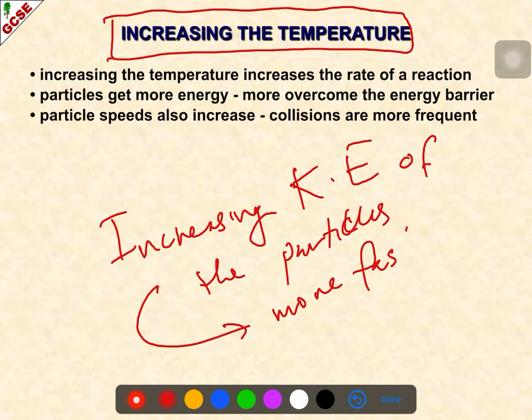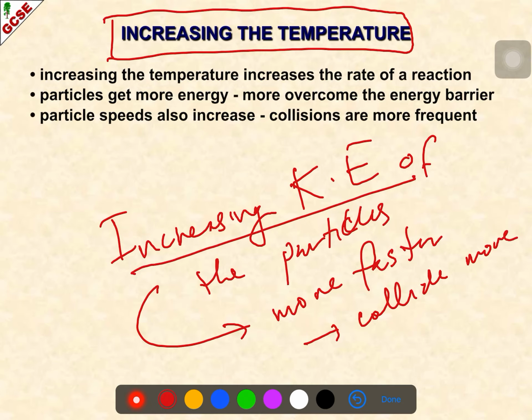They move faster. So if they move faster, therefore they collide more. Okay? Collide more. All right? So aside from increasing the kinetic energy, what other benefit of increasing the temperature?